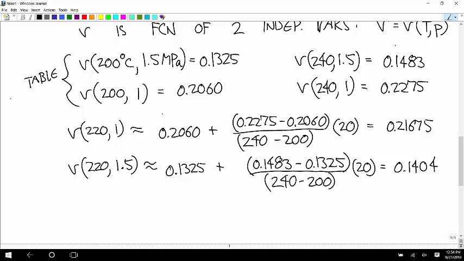And so now the third one is just going to use our two estimates here to calculate the value at 1.4 megapascals.